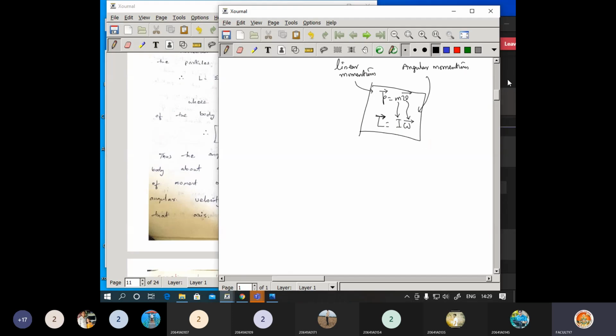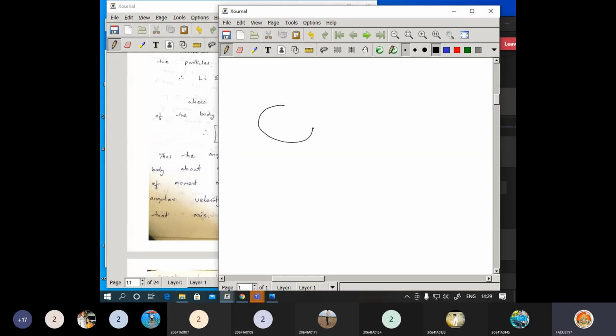Let me write once again here. I'm explaining the same topic. Now we had given the disk, and from the center of the disk we are considering this as the axis of rotation, and we had considered a point at a distance of r, and we are considering this particle is moving with some velocity v in this direction. So in the same direction you are going to get p. What is p here? p is nothing but the linear momentum.